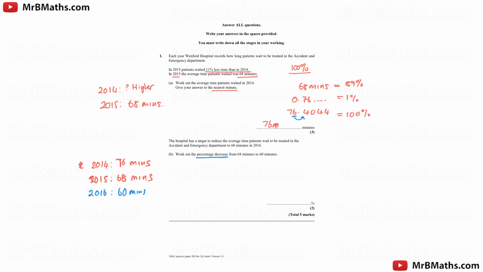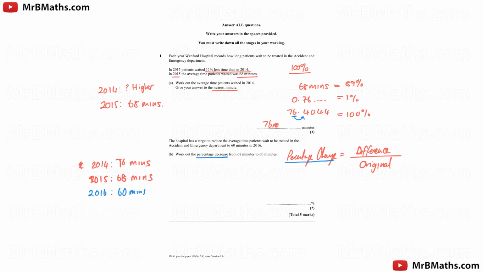In order to do that, I'm going to recall the following formula. The percentage change is equal to the difference over the original. So we don't have to do any rearranging because the percentage change is what we're trying to find out.